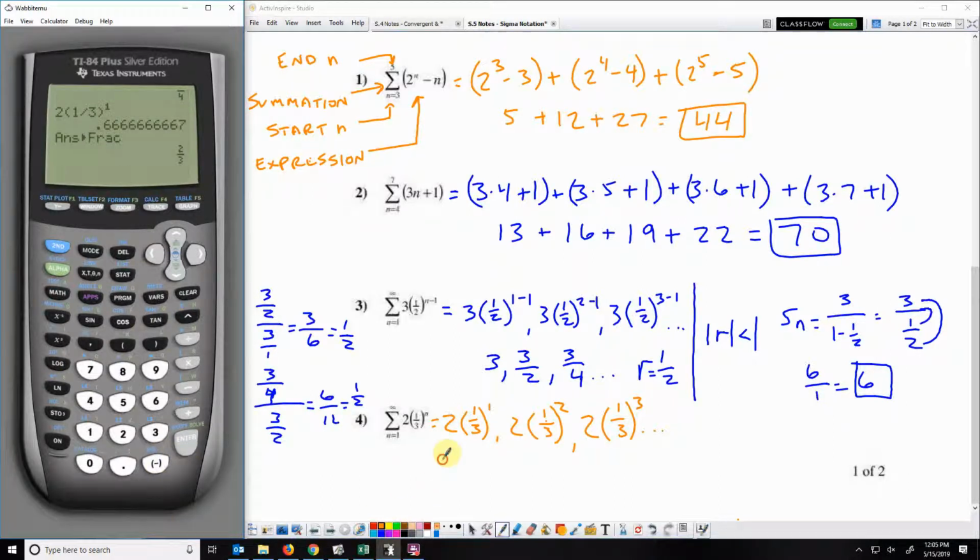So that's 2/3 for the first term. Two ninths for the second term. And 2/27 for the third term.